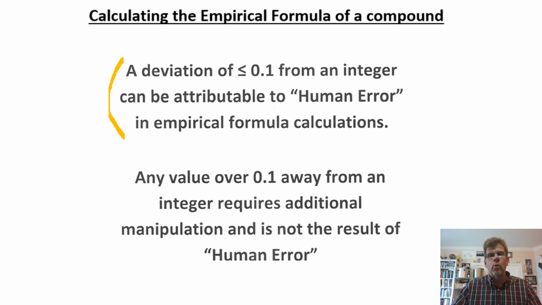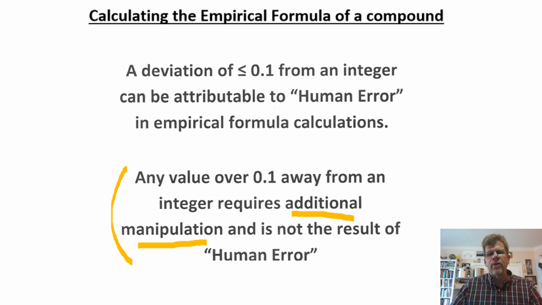So clearly that was well within this threshold right here, so we rounded down. However, if we run into an issue where we are over 0.1 away from an integer, this requires additional manipulation of those numbers, and it's not the result of human error. What this additional manipulation is, is what we're going to be looking at in the next example.